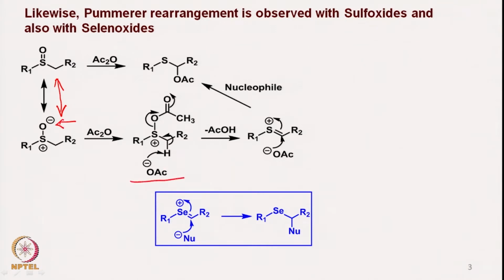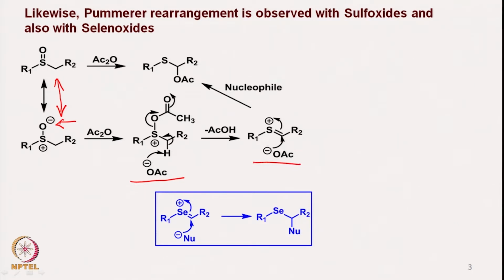the sulfoxide in this fashion here, and the nucleophilic oxygen here reacts with the electrophilic acetic anhydride to form this intermediate, from where the acetate ion picks up the proton from here, and that allows the elimination to take place to form this particular sulfonium ion, and this sulfonium ion then is reacted with a nucleophile.